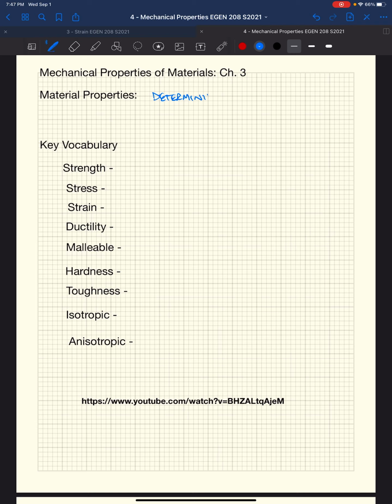Why do we care about material properties? Well, it's to determine how a material deforms and fails. This is important.